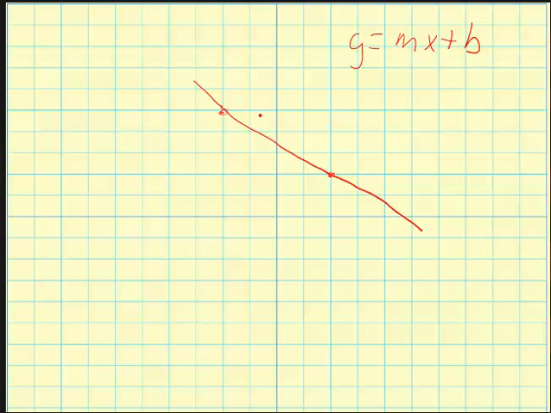I can calculate it by finding the coordinates here, 2, 2, and -2, 5. And I can plug that in, but the easier way, I think, if they're graphed, is just to count rise over run. So I'm going 1, 2, 3 up. That's my rise. My run is 1, 2, 3, 4, 5 to the left, so it's -5.